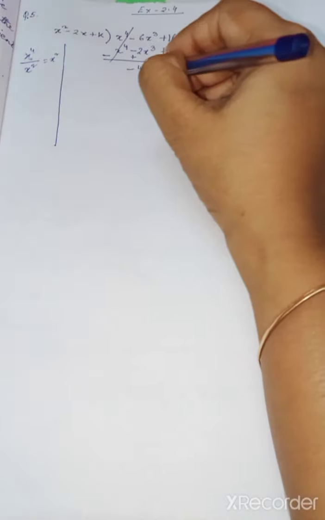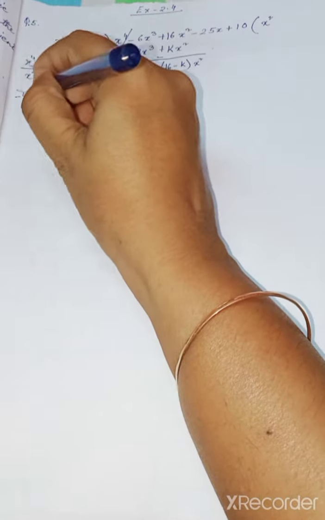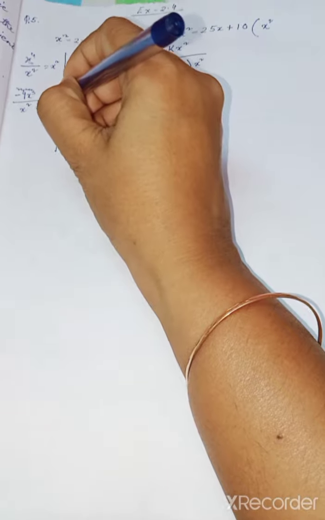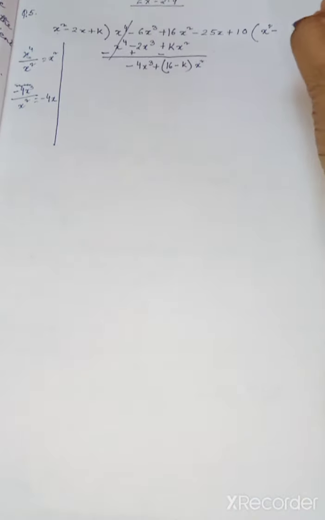Now the first term is minus 4x cube, and we divide it by x square. So what we will get is minus 4x. So second, we will multiply by minus 4x.